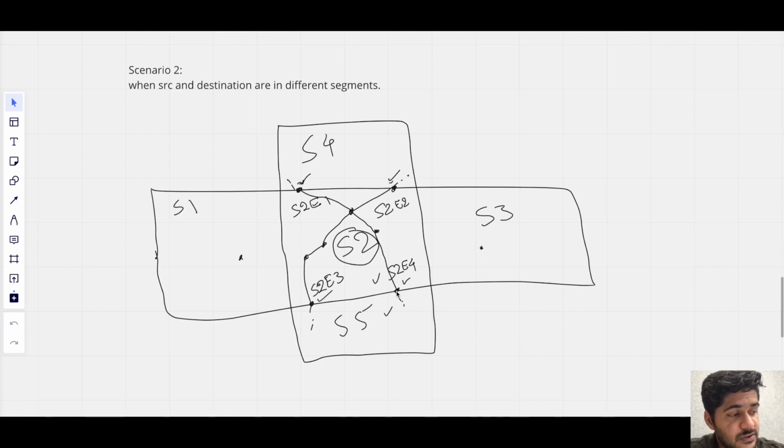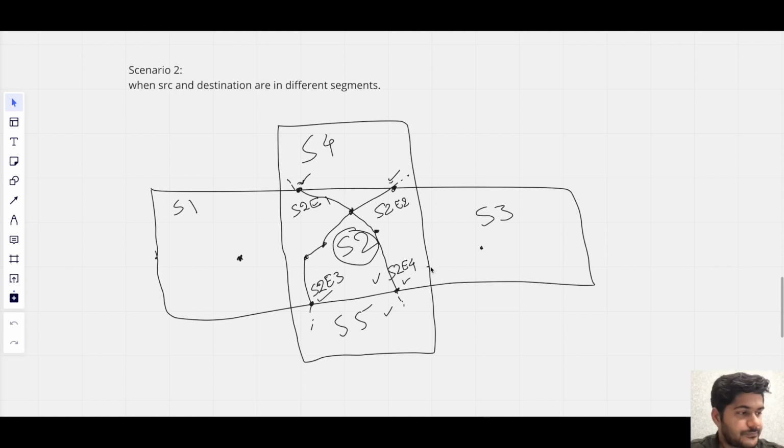So just focus on exit points now. If I'm in segment 1, I just need to think of how to exit from here. There can be multiple exit points. How to exit from here and enter into S2, then how to exit from S2 and enter into S3. Maybe here will be another point.